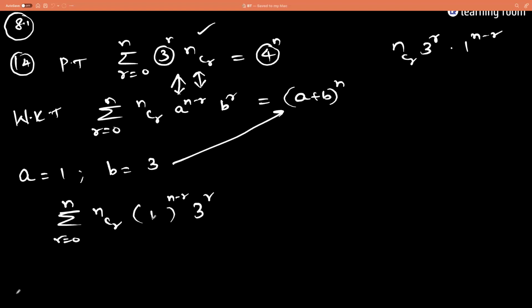Yes, sir. Irrespective of whether this is there or not, it doesn't make any difference, but I am adding it because I want to bring in the general format. So this will be equal to (a plus b) whole power n, where a is 1 and b is 3. Correct? Okay, sir. So (a plus b) the whole power n is (1 plus 3) the whole power n, which is 4 power n. That's the answer.